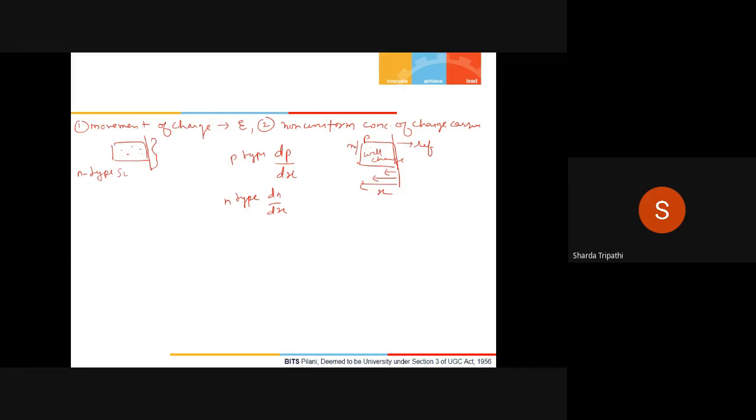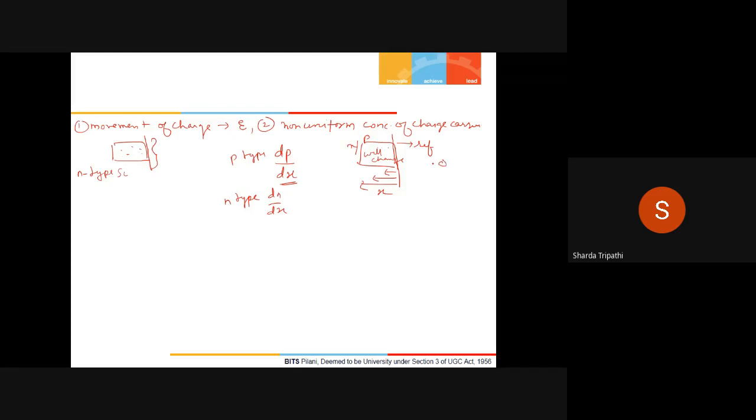So what happens when you have non-uniform concentration? Then there is a tendency that charge automatically moves from a region of high gradient to a region of low gradient. First of all, understand that when you have non-uniform concentration, then at different distances in this slab, the concentration will be different.